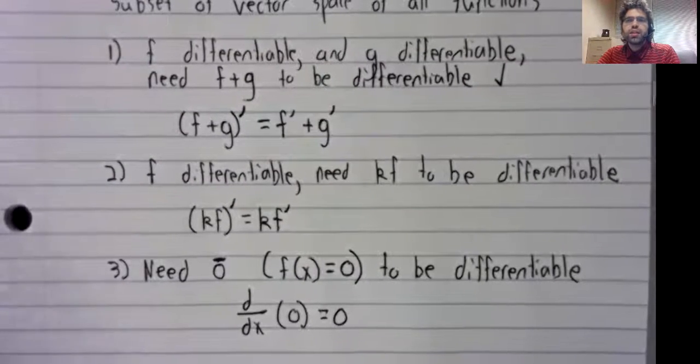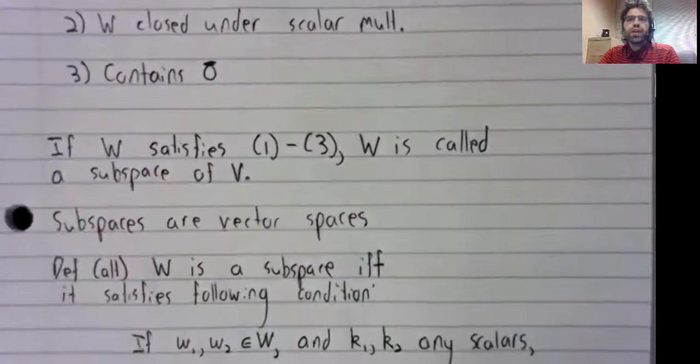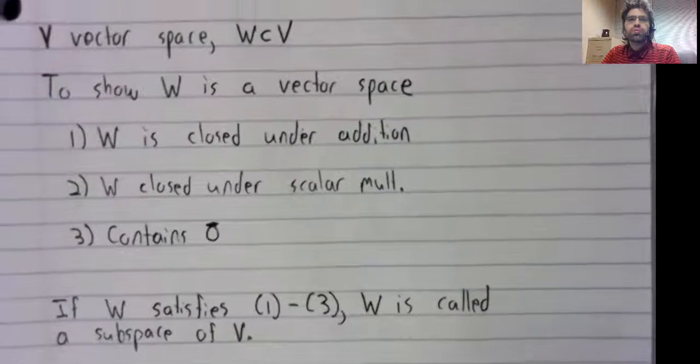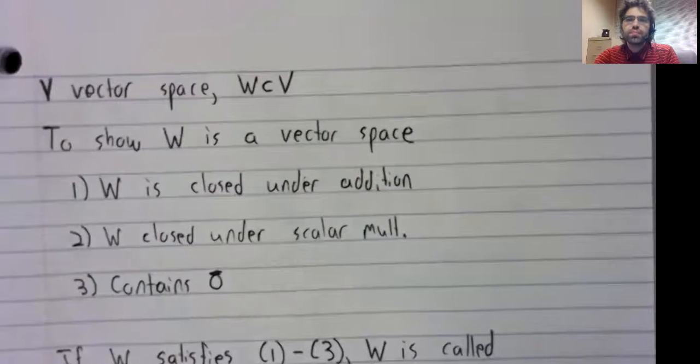Therefore, it is itself a vector space. In this video, we've defined subspaces. In the next video, we'll show another example of a subspace.